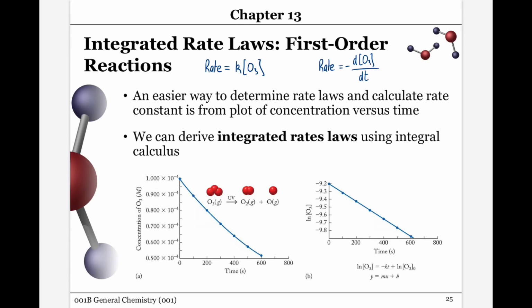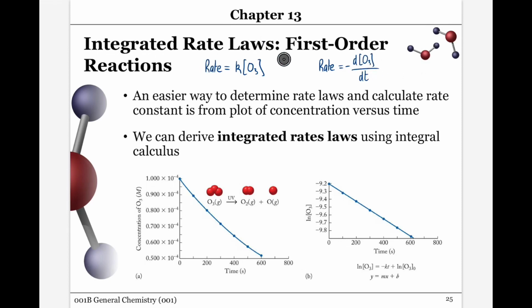Now we've written this out using d instead of delta, and we do that because part of the process that we're going to be adopting here is actually performing an integration, and the integration of this differential function in particular.